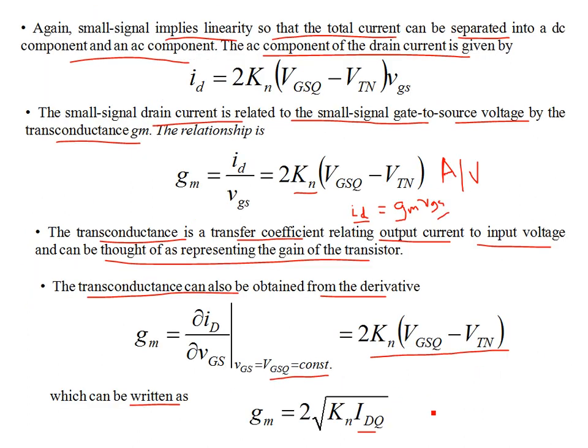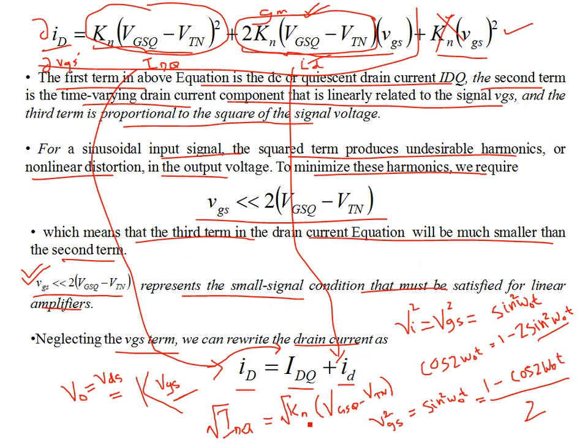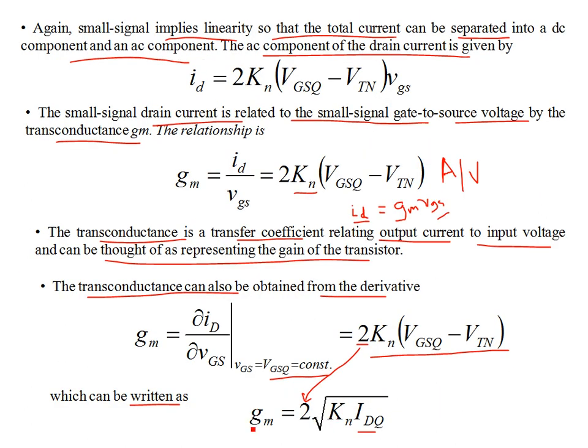Then since this is from IDQ, there's a factor of 2 that comes outside. So this is the square root of Kn IDQ. So you can express gm in terms of the DC part of the drain current as twice the square root of Kn IDQ.